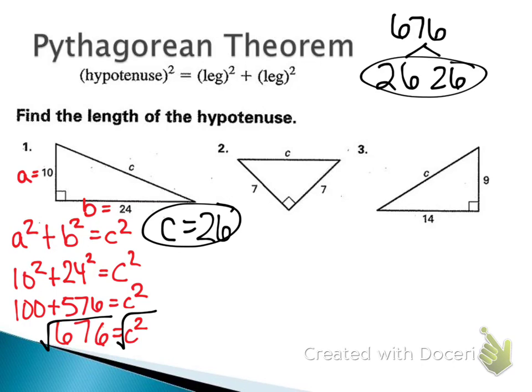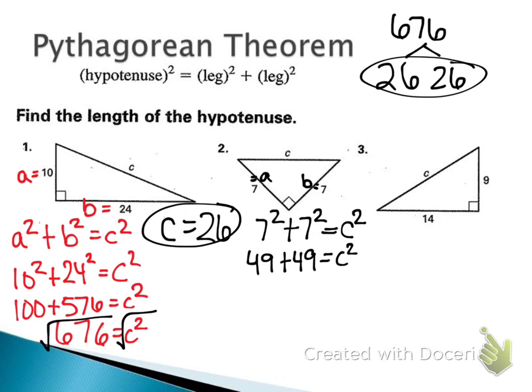All right, on the next one, again, I'm looking for side C. I always like to go through and label my A and my B. In this case, they're both the same number anyway. So when I plug into this formula, both A and B turn into 7s. 7 squared plus 7 squared equals C squared. 49 plus 49 equals C squared.